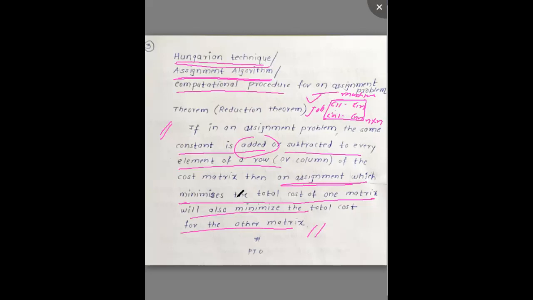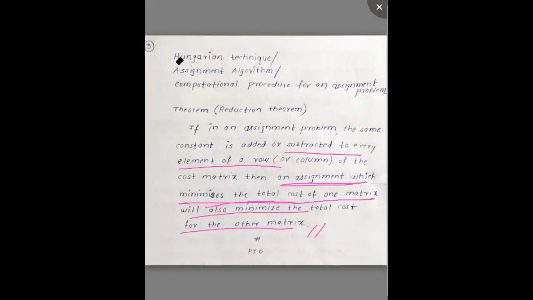The theorem says that an assignment which minimizes the total cost of one matrix will also minimize the cost of assignment for the second matrix. That means the solution in both cases will be the same.